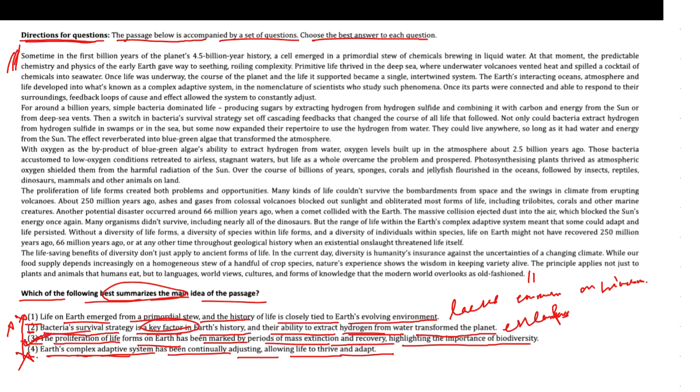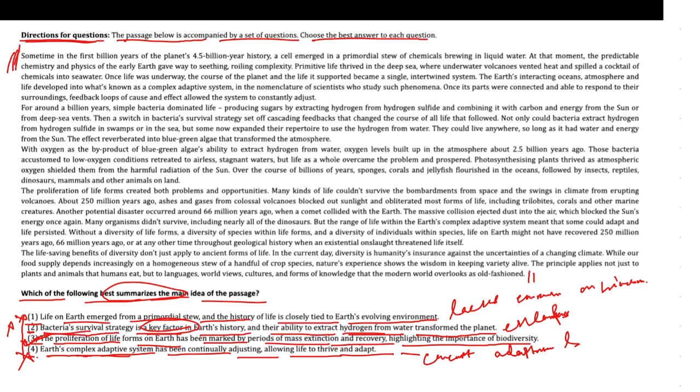Because if you observe the main idea of the text, what is the main idea of the text revolving around? It revolves around the concept of earth as a complex adaptive system where the interconnectedness of its oceans, atmosphere, and life forms has led to a continual process of adaptation and also evolution, isn't it?